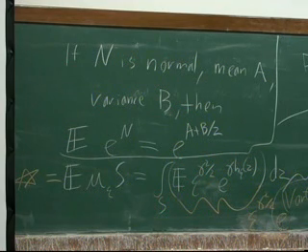If gamma is between 0 and 2, and I'll always assume that's the case in these lectures, then the expectation of mu of s is equal to the expectation of mu epsilon of s, which is this formula I just derived.